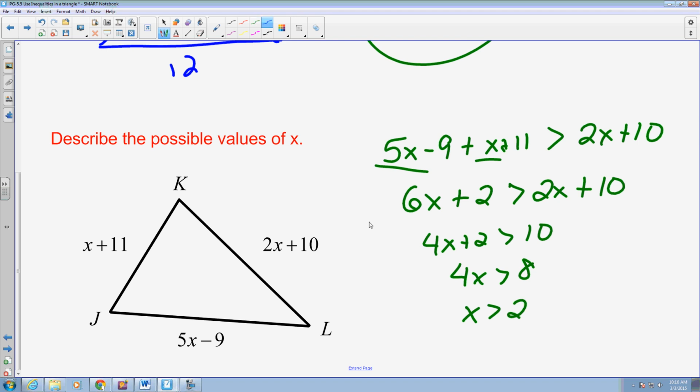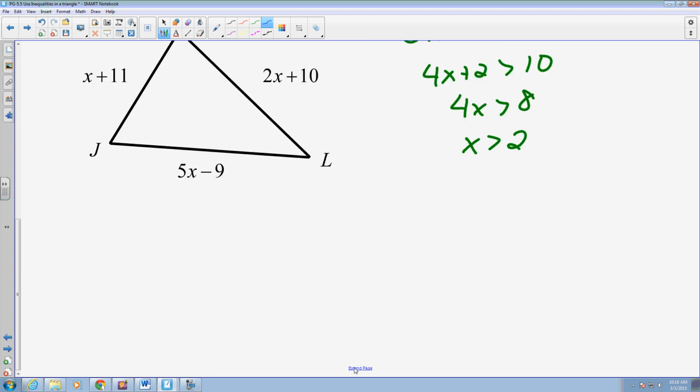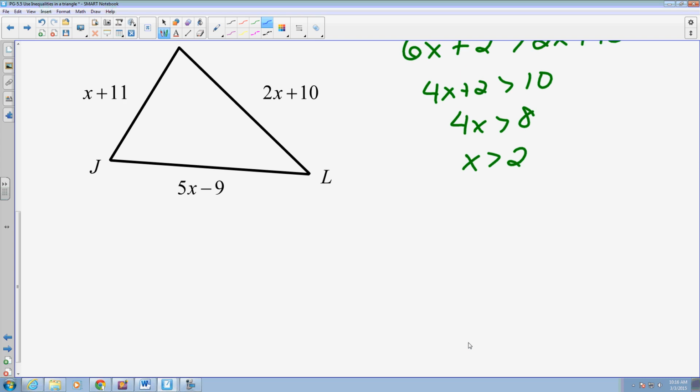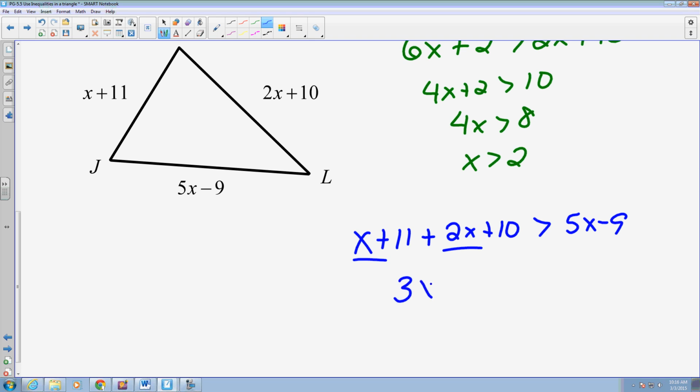And then since it's a variable, again, I'm going to try another set of circumstances. Let's take the x plus 11, and add it to 2x plus 10, and that's got to be greater than 5x minus 9. Combining like terms, I get 3x plus 21 is greater than 5x minus 9.